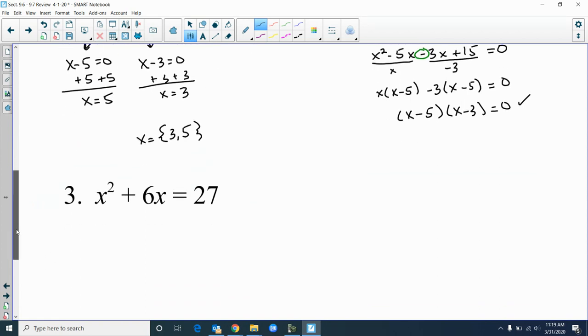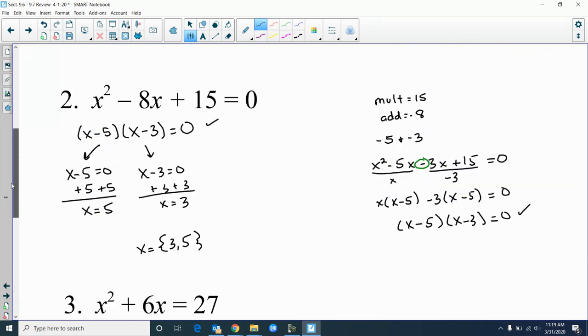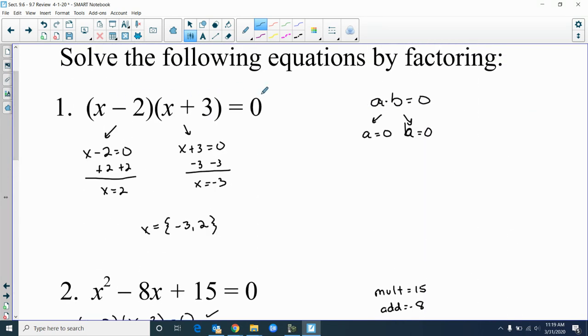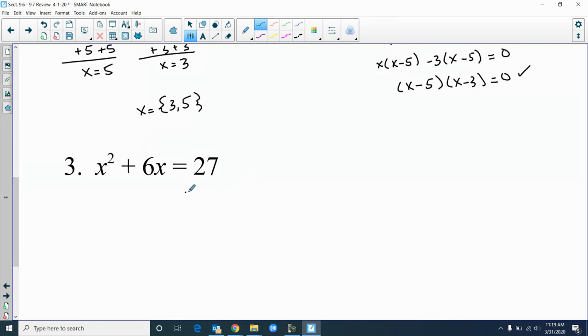All right, this third one here. One of the key things is your equation has to equal 0 for this to work. If it doesn't equal 0, we cannot use this property. So if it's not set equal to 0, you have to make it equal to 0. I'm going to subtract 27.